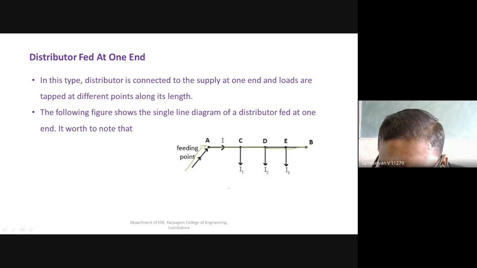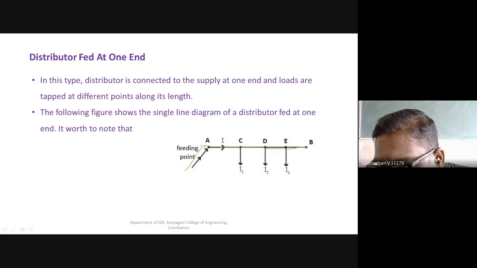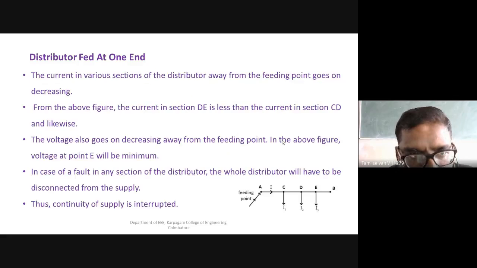If it taps the energy at this point, the current will vary in each section of the distributor. The voltage at point C may be maximum, and at point E the voltage may be minimum.